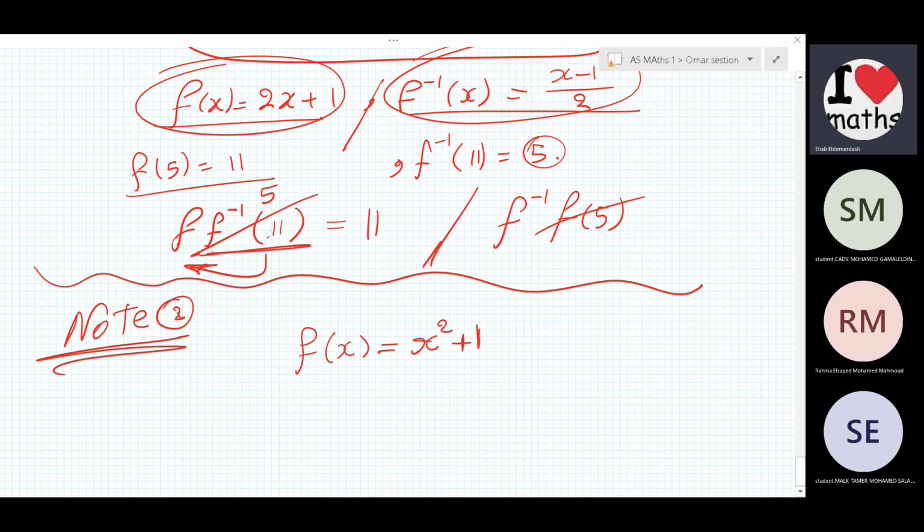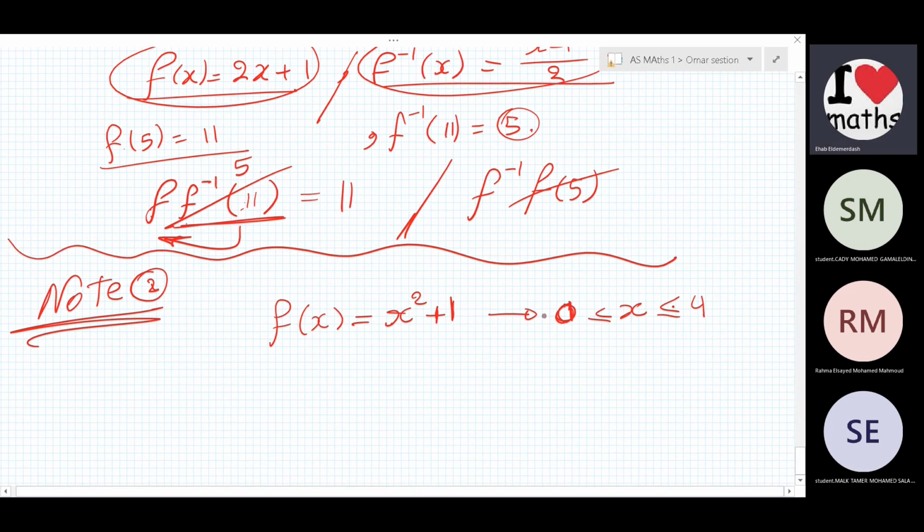Remember this x squared plus 1 problem? It had a domain where x was greater than or equal to 0. We started from 0 up to 4. Okay, that was the domain. Who can tell me what is the range of this function? That was the domain.